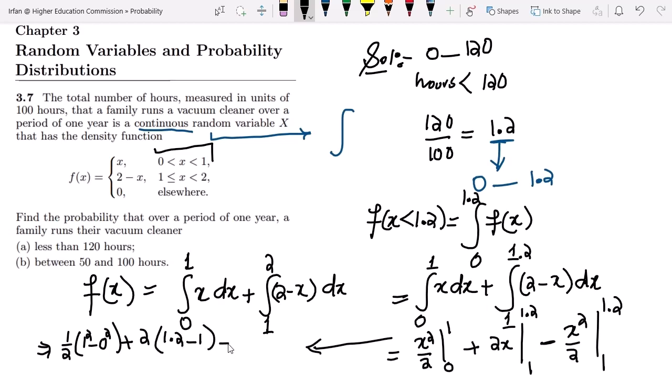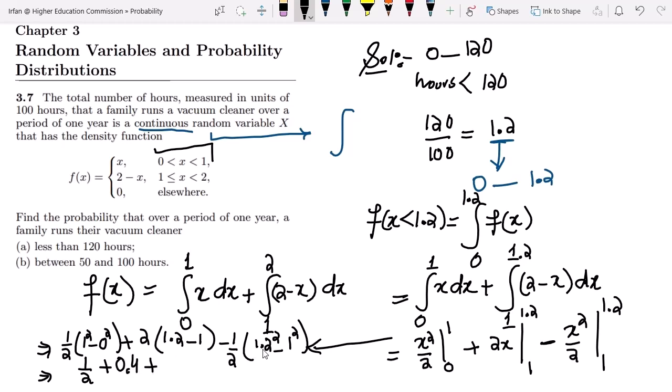Similarly the last one would be 1.2, and x square, which is 1.2 square minus 1 square. Now let me simplify it. It will be 1 by 2 plus 2 multiplied by 1.2 minus 1, which is 0.2, and 0.2 multiplied by 2 is 0.4.